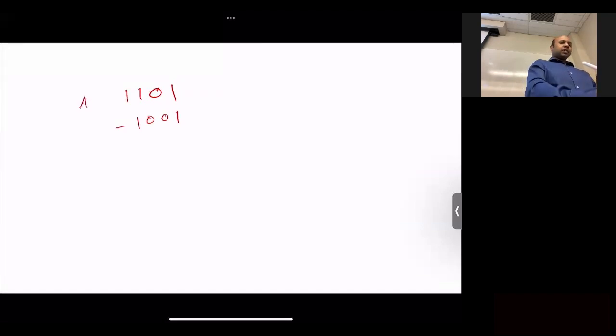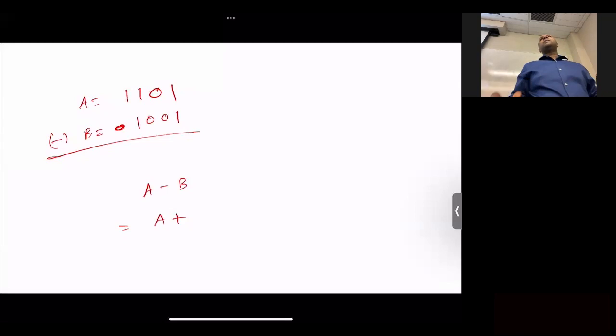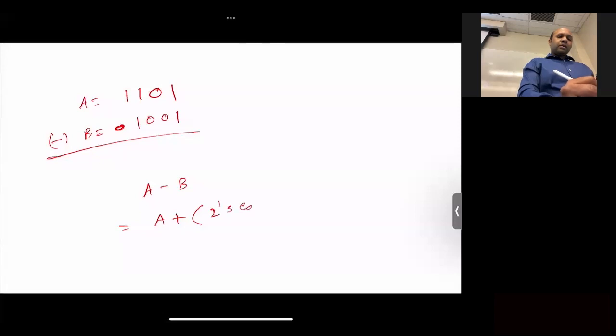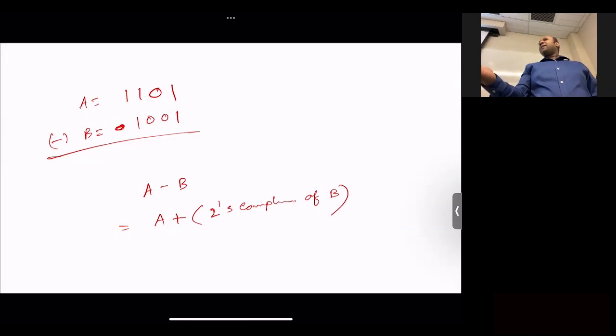Let's name them A and B. I want to subtract B from A. So instead of writing A minus B, can I write A plus, by the way, both of these are binary numbers, the 2's complement of B? How many of you know this? Computer science. Okay, so subtraction is nothing but 2's complement addition.